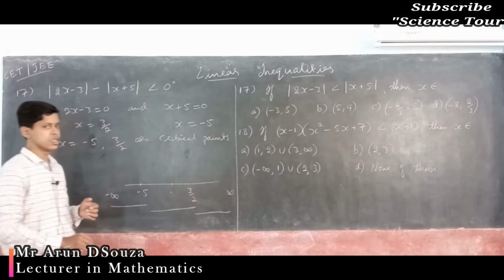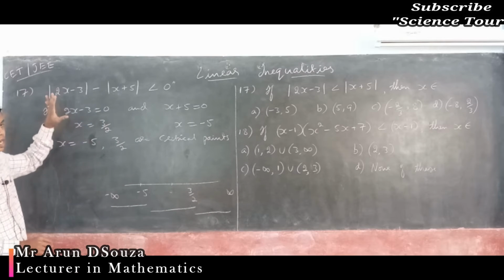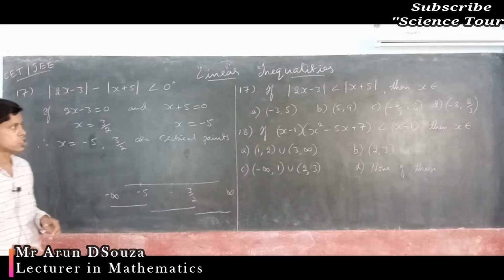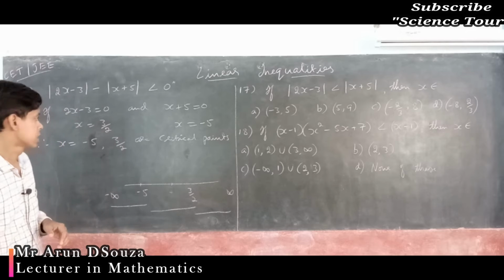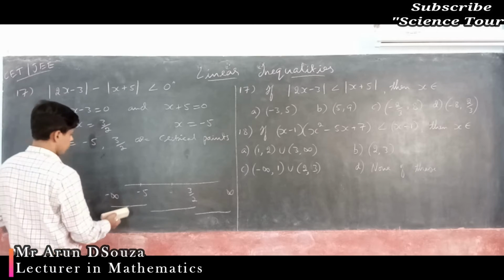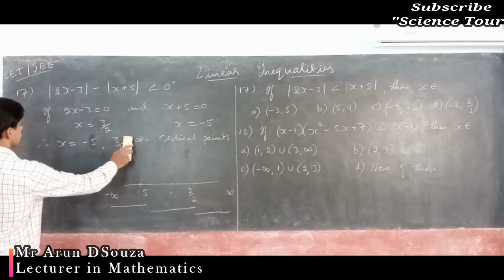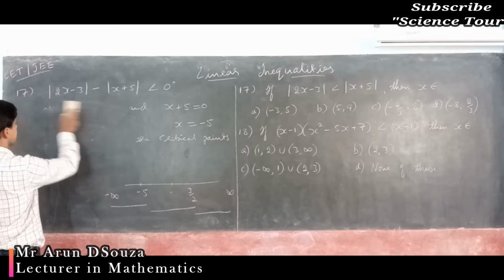So totally 3 intervals, and in these 3 intervals you have to have 3 cases and check for the values of x. So this is a very tedious job. Let's begin. What is the first interval that we have? Minus infinity comma minus 5. So let's go for that.